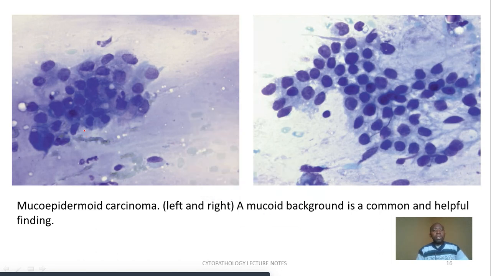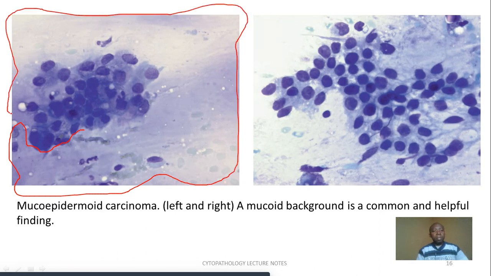Let's move away from the cells, and when we look at this area around here, we can see the mucin or the mucus, if we can state it like that. The background is not clear, but we have a lot of mucoid or myxoid background.